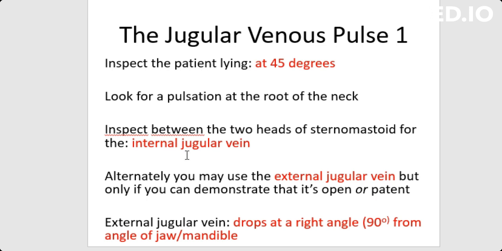It is found between the two heads of the sternocleidomastoid muscle. Alternatively, you may use the external jugular vein, but only if you can demonstrate that it is patent. The external jugular vein drops at a right angle, 90 degrees, from the angle of the jaw, or the angle of the mandible.